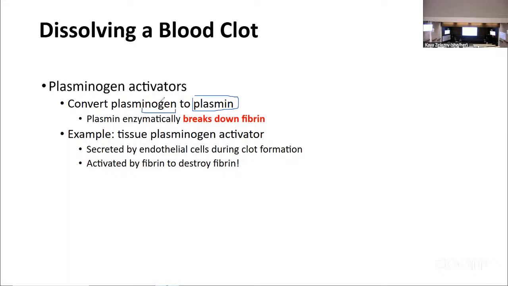So one thing that we have happening is we have something called tissue plasminogen activator. Again, this is secreted by endothelial cells, but in this case, it's being secreted by endothelial cells during this clot formation itself. And actually, the fibrin clot itself, kind of as it's forming, is helping to start off this pathway to break itself down, right?